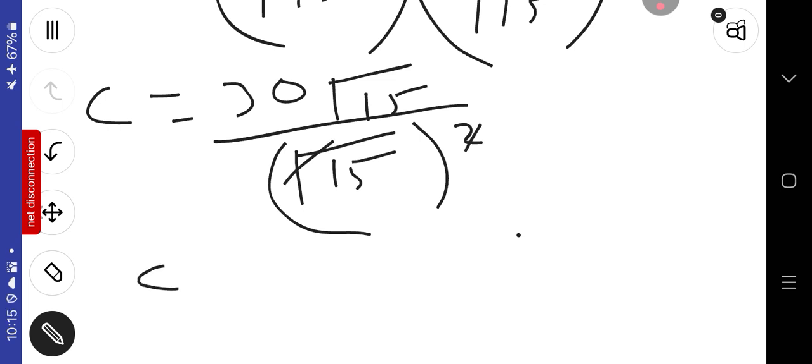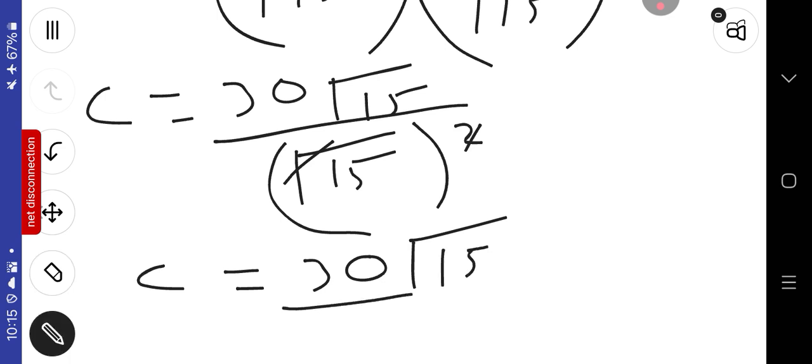So you're going to have C is equal to 30 multiplying the square root of 15 over 15.